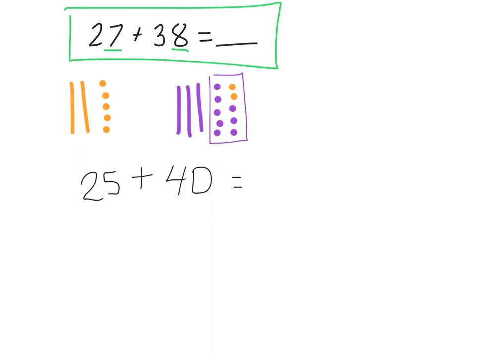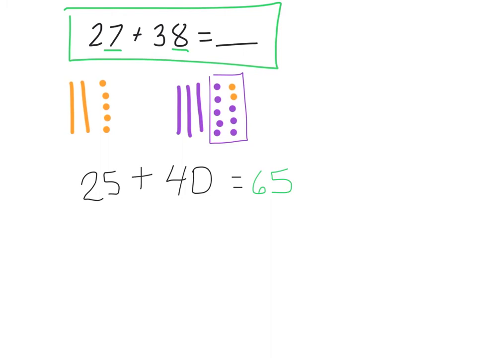So starting with 25, then it would be 35, 45, 55, 65. We use compensation in this addition sentence in order to find the sum.